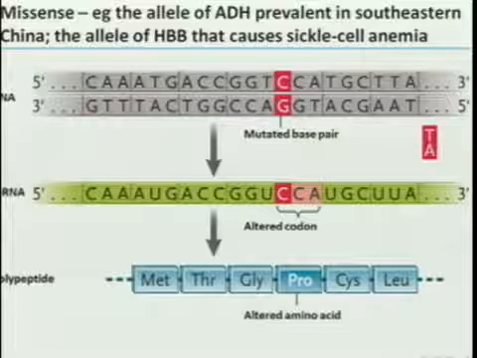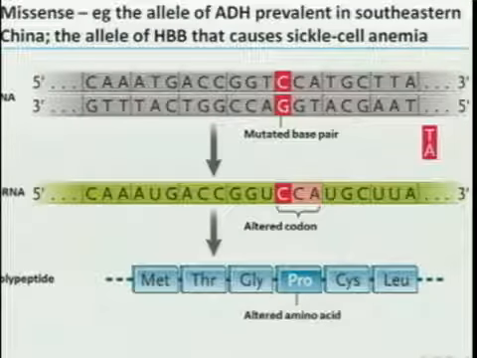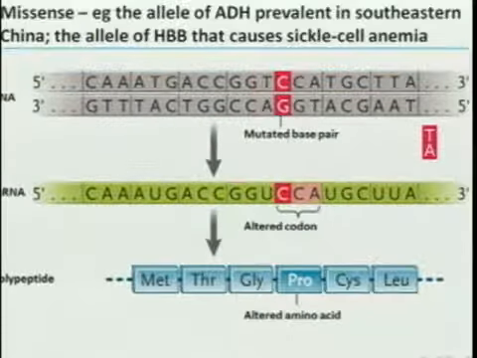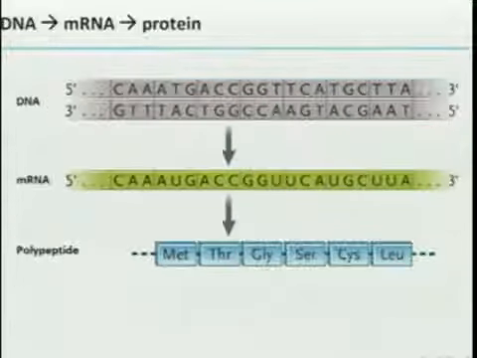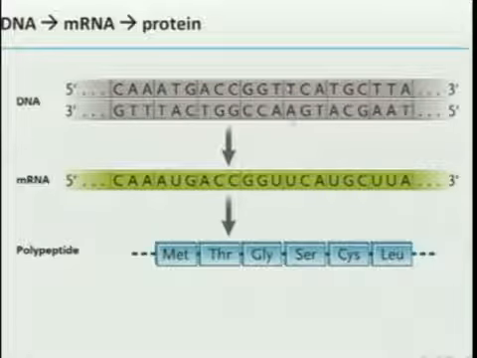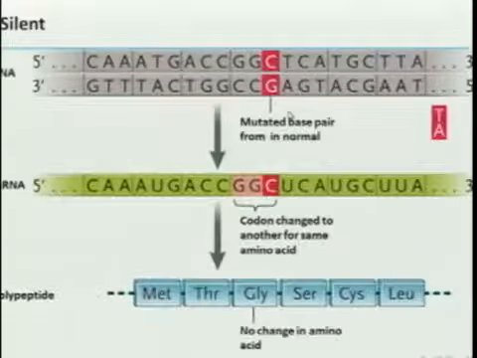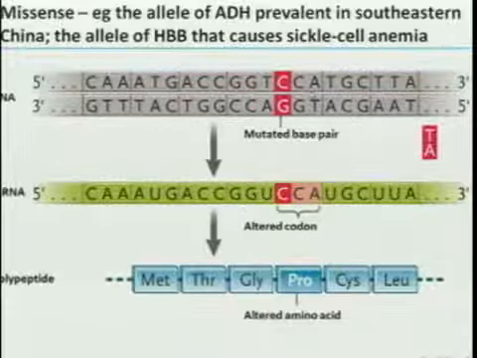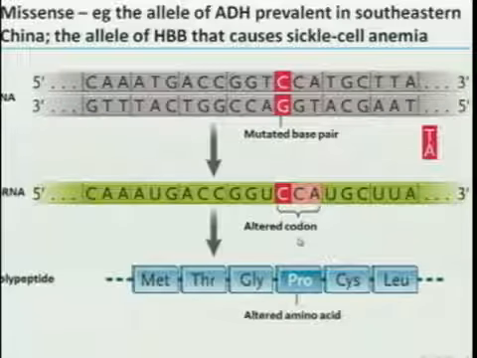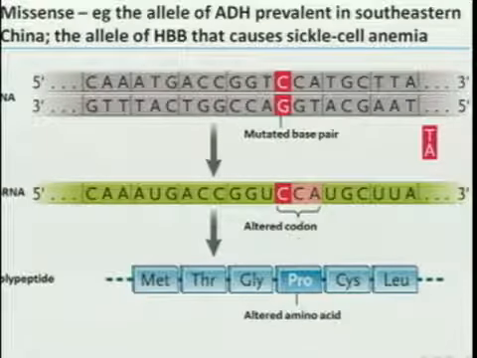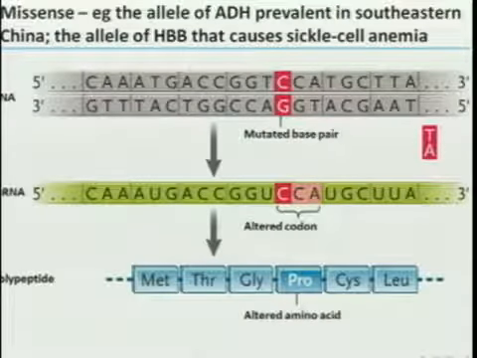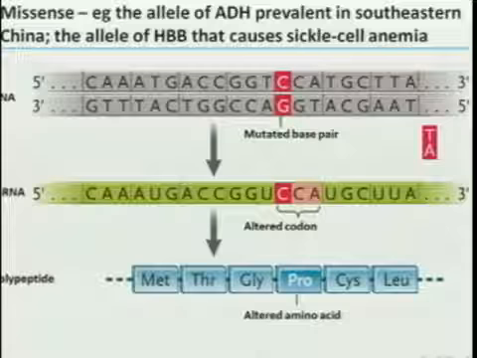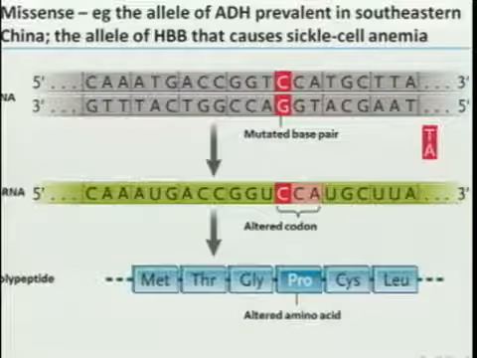So GGT CCA, and here it goes GGT TCA. So that base gets mutated to a CCA. That causes a substitution in the amino acid sequence of the protein. Instead of glycine, we get proline, and as you hopefully know by now, proline is a very different biochemical creature than glycine.